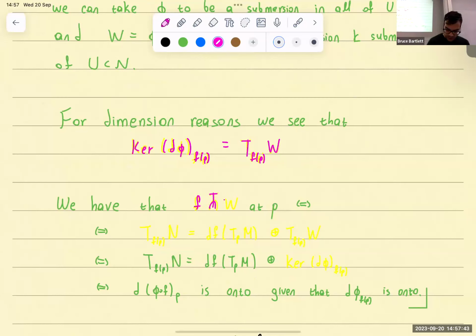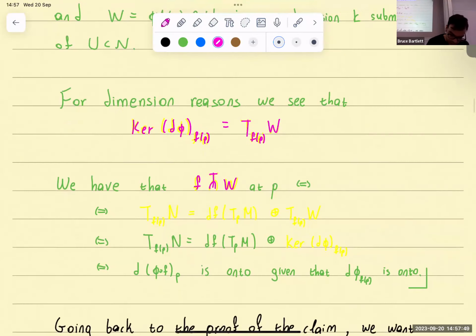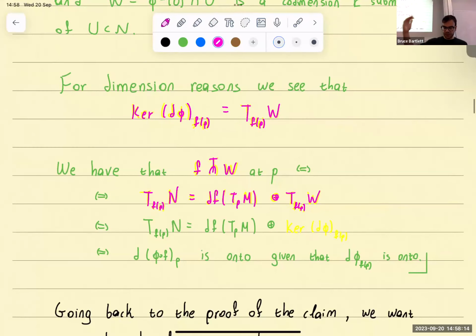So if f intersects W transversally at p, what this means from the definitions is that the tangent space of N at f of p must equal the direct sum of the image of the tangent space of M at p under the differential of f with the tangent space at f of p of W. And I'm just rewriting now, where the tangent space at f of p of W is the same as the kernel of the differential of phi at f of p.